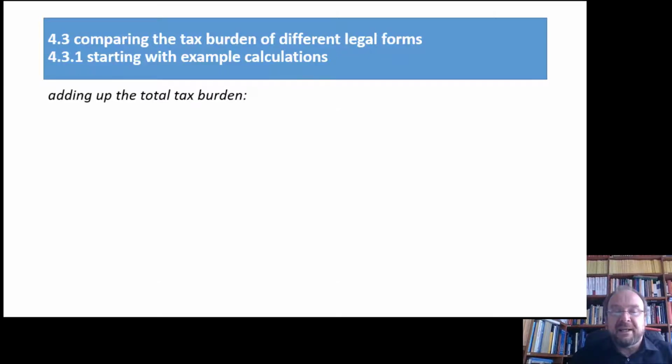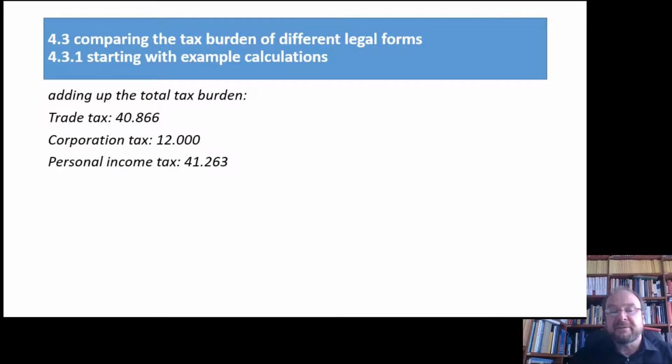Now, if we add up what we have assumed, then we end up with a total tax burden of 40,000 for the trade tax, 12,000 for the corporation tax, personal income tax 41,263, or according to my remarks, which I just made regarding special expenses, children, and so on, perhaps lower.